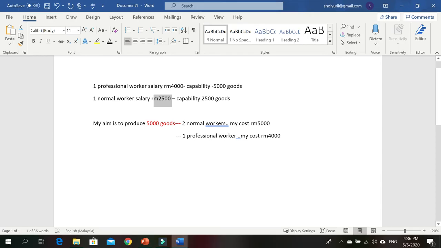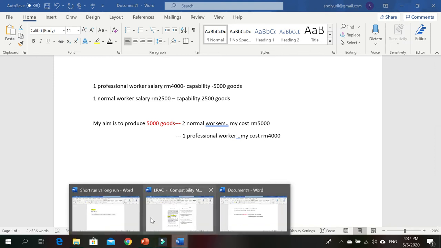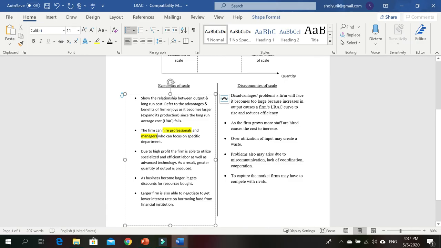So with limited income, we won't be able to hire a manager or professional worker, because we need much more money to pay them. So this is possible only in the long run. Okay, so that one is the first reason kenapa kita dapat cut cost. Yang kedua, due to high profit, firm is able to utilize specialized and efficient labor.